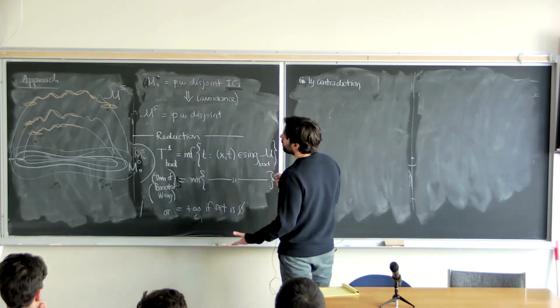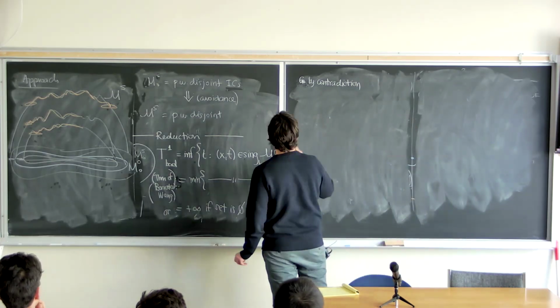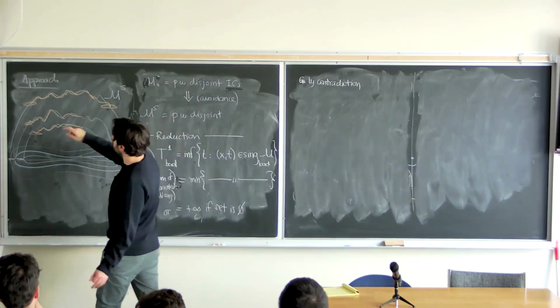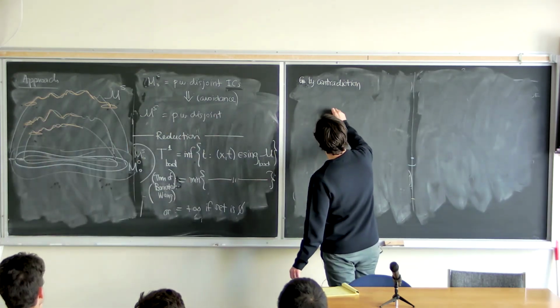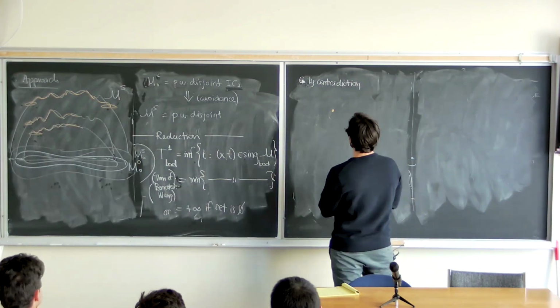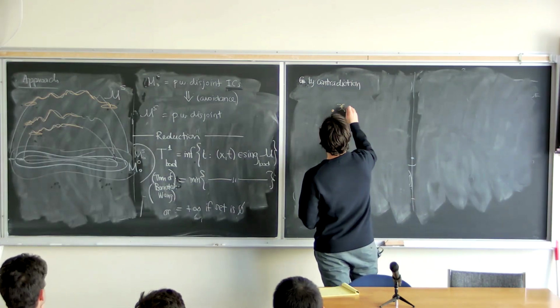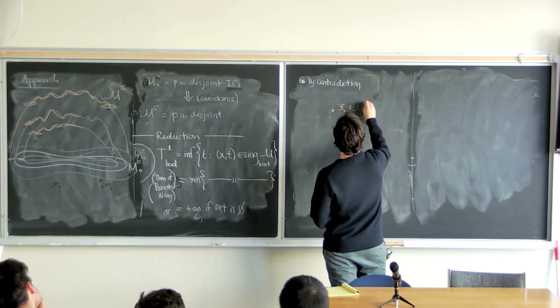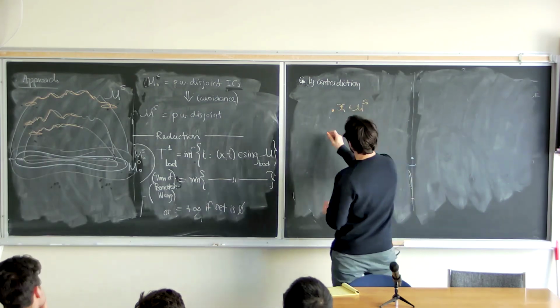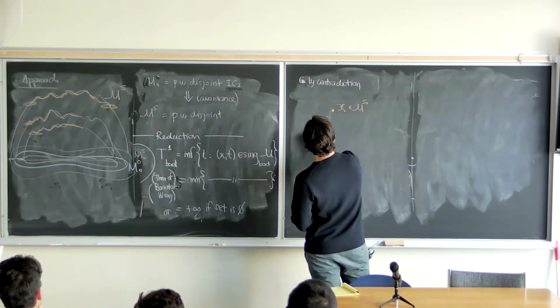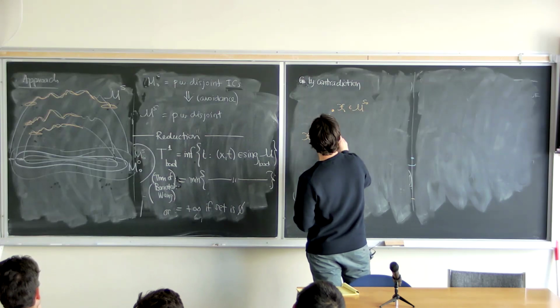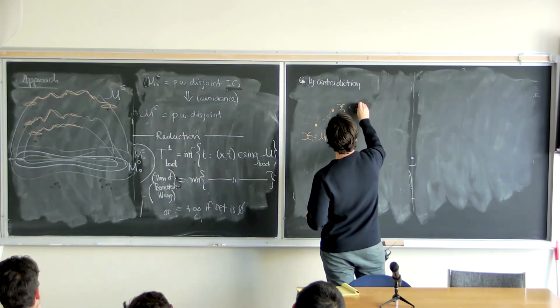So let's suppose this were not the case. Then you would have some singular point. Let's say it was not discrete and there was some accumulation point somewhere. So you would have some accumulation point here. Let's call it X0, which belongs to the flow M_{S0}. And there would be some nearby, arbitrarily close by, other points in that set in M_{Si}.